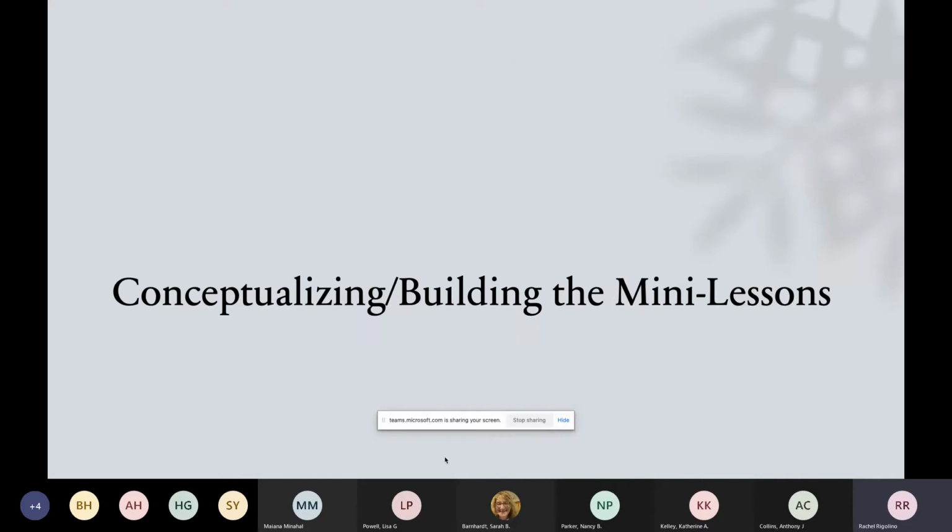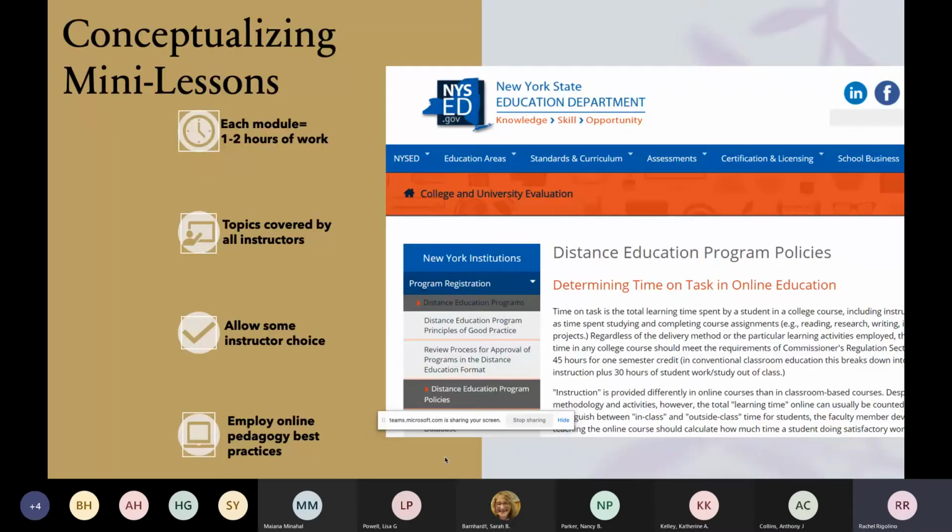So building out the mini lessons, this is what we thought. Each of these units, and again, they're mini lessons or units, I've changed the name of it. And I'm sure many of you that moved things online had to think about time on task and how much time students are spending on this particular series of tasks.